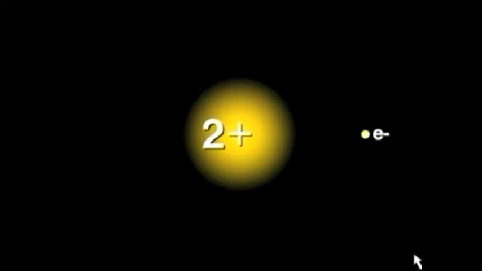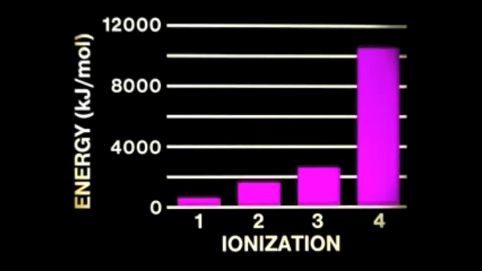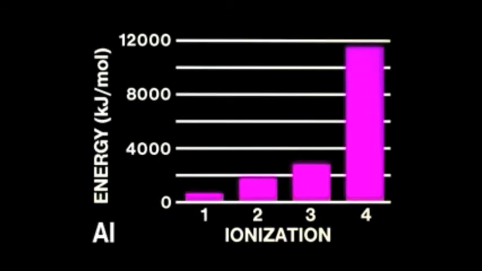Thus, each successive ionization requires more energy. This graph shows the way in which the ionization energies of the aluminum atom increase as successive electrons are removed. Notice that the ionization energy increases with each successive removal of an electron. However, there is an especially large jump in the energy required for removal of the fourth electron. From a knowledge of the electron configuration of neutral aluminum, can you account for this dramatic jump?